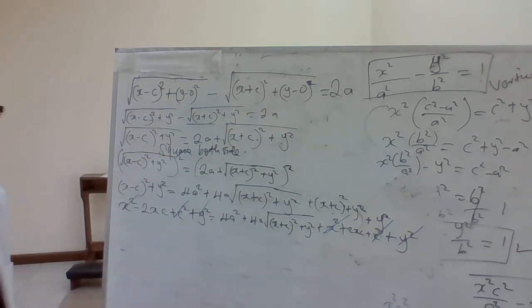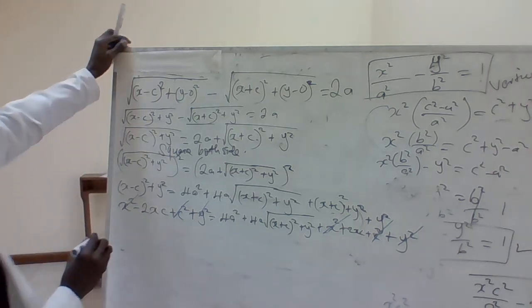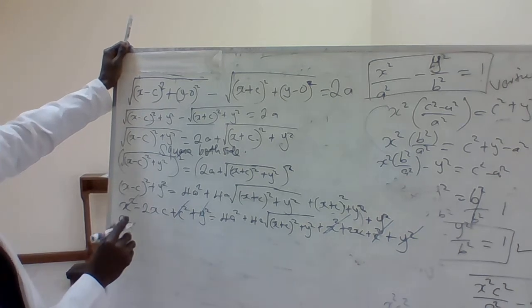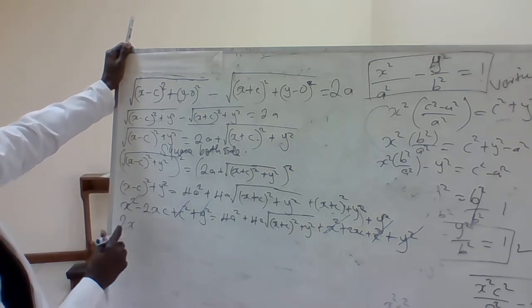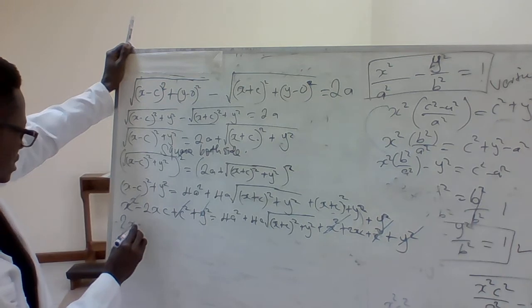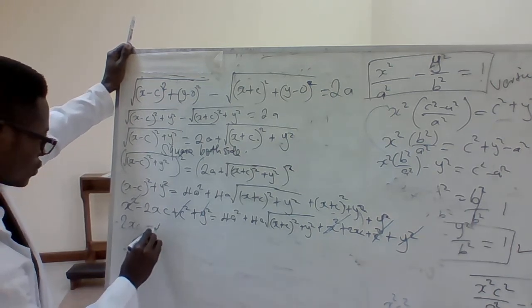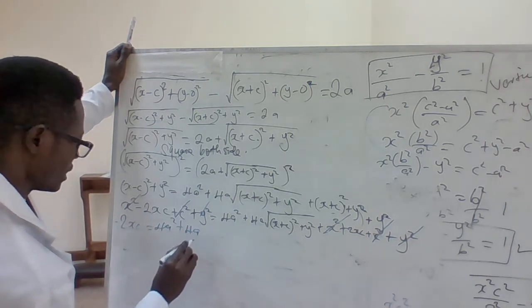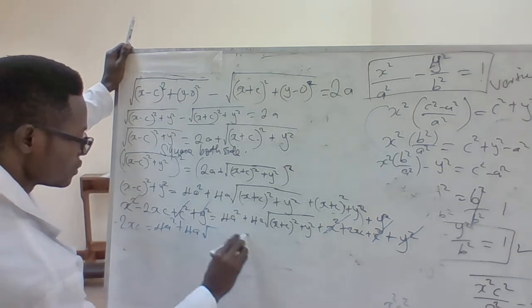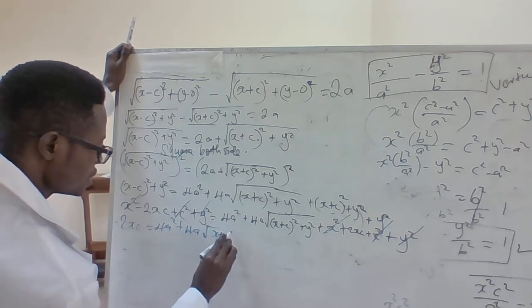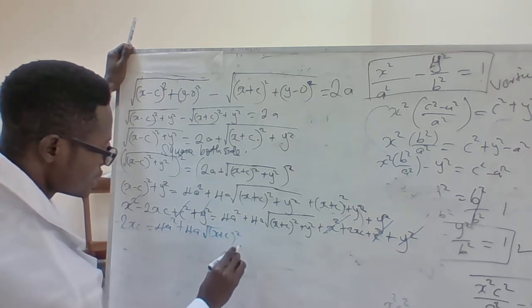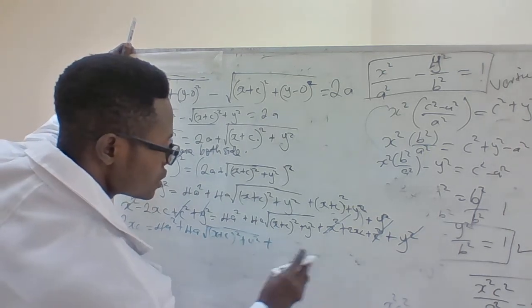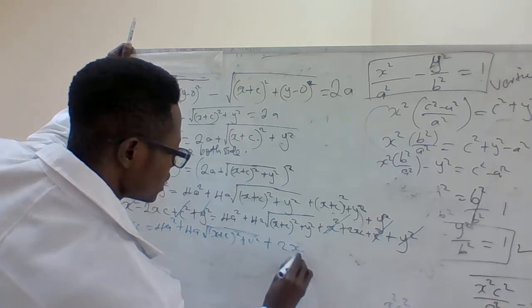So that now we are left with minus 2xc is equal to 4a squared plus 4a times the square root of (x plus c) squared plus y squared plus 2xc.